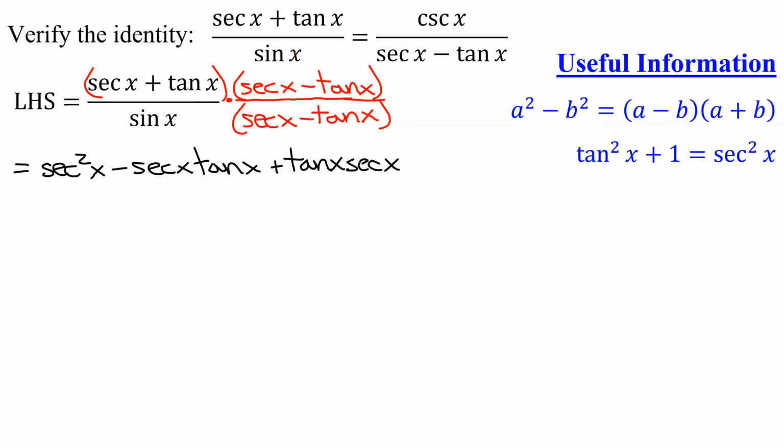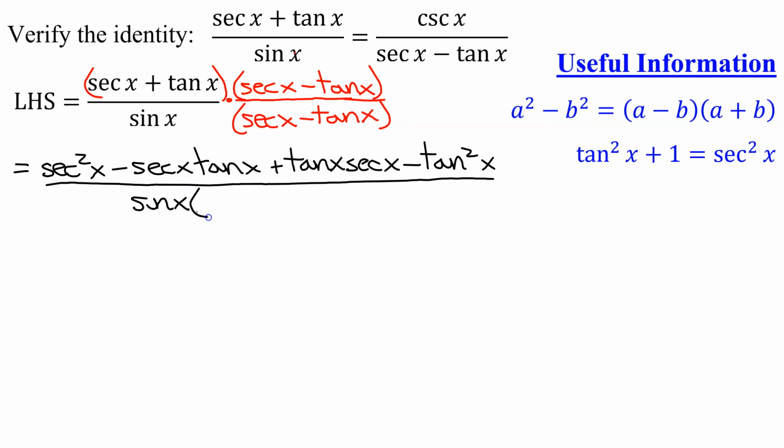And last terms, tangent x times negative tangent x is negative tangent squared x. All divided by, I'm going to leave my denominator alone, so I'm going to get the sine of x times secant x minus tangent x.